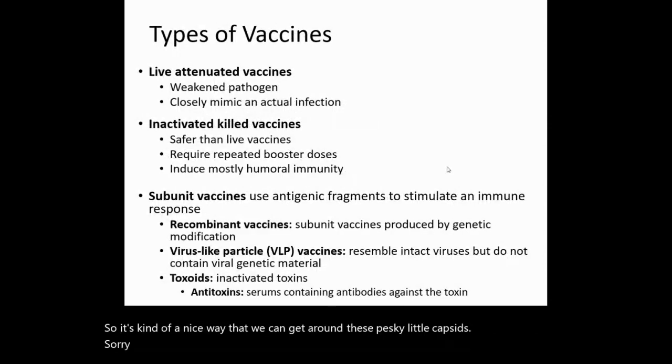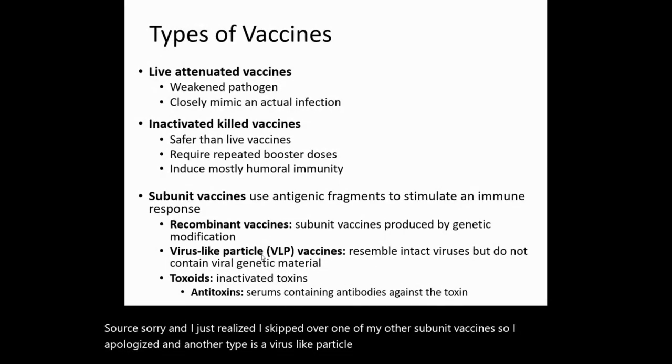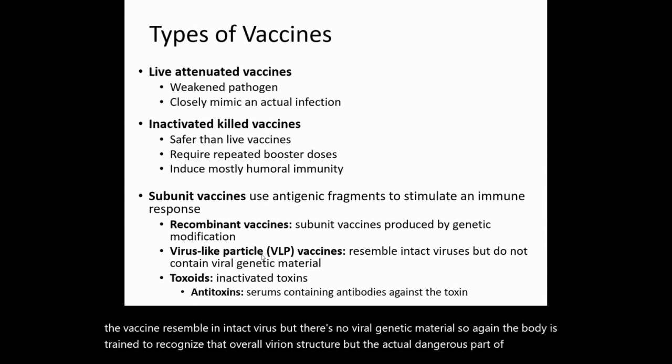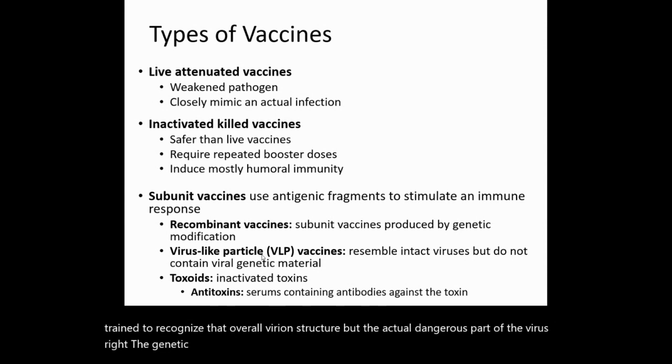Sorry, I just realized I skipped over one of my other subunit vaccines, so I apologize. Another type is a virus-like particle vaccine, where essentially the components in the vaccine resemble an intact virus, but there's no viral genetic material. So again, the body is trained to recognize that overall virion structure, but the actual dangerous part of the virus, right, the genetic material, is not actually present.